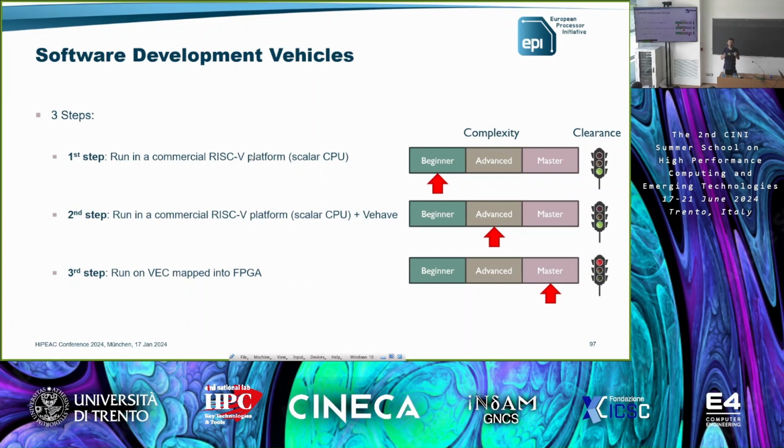It's not completely useless, because if your code is heavily GPU contaminated or heavily Intel intrinsic contaminated, you cannot run here. So you need a clean code that is able to run on a scalar CPU as a baseline. Then we can activate the emulation and do the study, and then we can run on the FPGA.